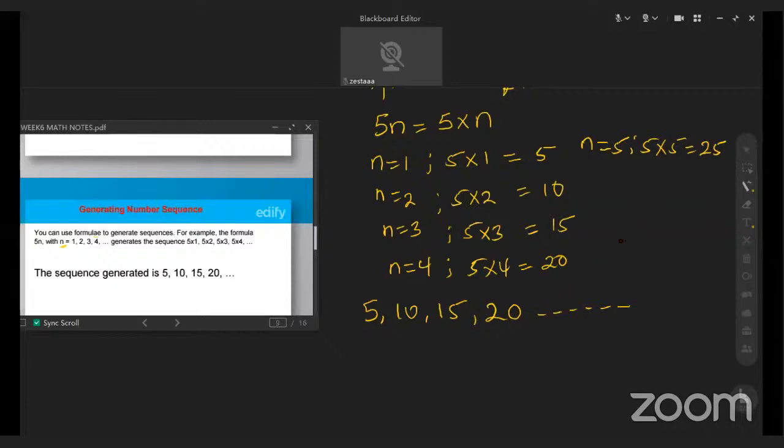How about if they tell you to generate the 100th number? For n equals 100, you just say this will be 5 times 100, which will be 500. So that number will be 500. That's how we keep on with the prediction. Let me answer some questions if there are any here.